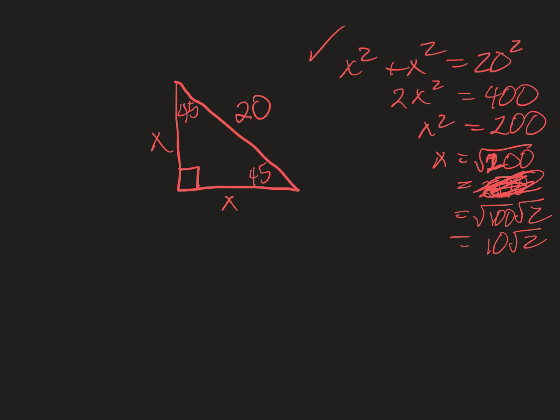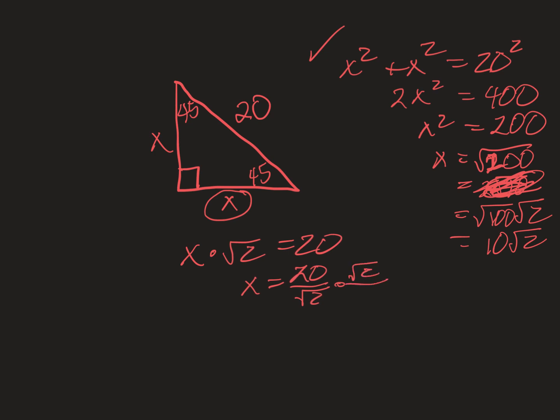Okay? And this is how we did it probably in 8th grade. All right? In geometry class, we got so good, we'd know that if we had x here, then this hypotenuse was the square root of 2 times x as large. So we'd know that x times the square root of 2 equals 20. And so we'd take x equals 20 divided by the square root of 2, and then we would rationalize our denominator, and that would be 20 square root of 2 over 2, which becomes 10 square root of 2.